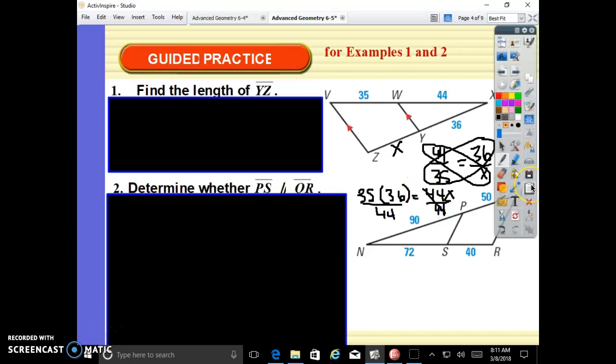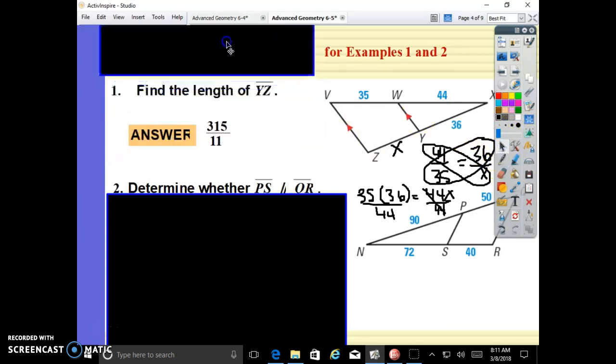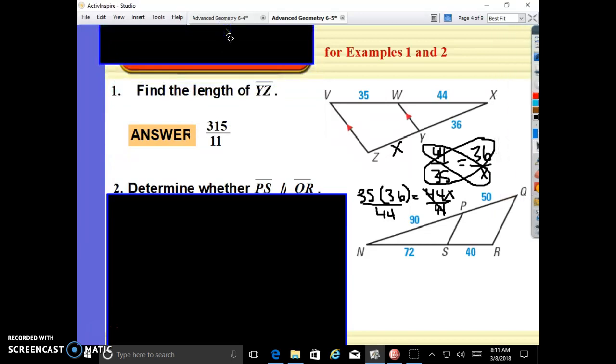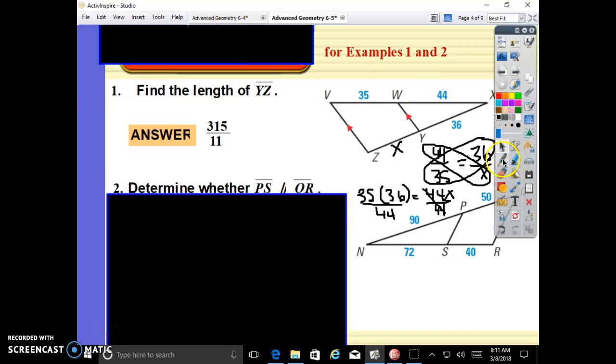And we get 35 times 36 divided by 44 equals 28.63. Which is 315 over 11. Or 28 and 7/11.